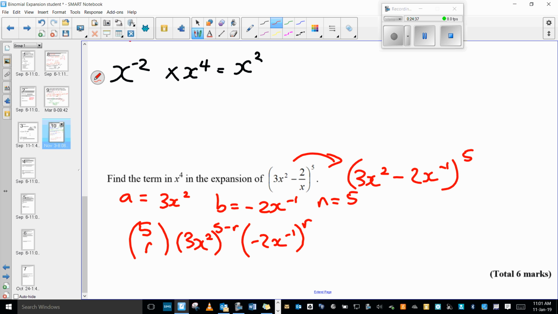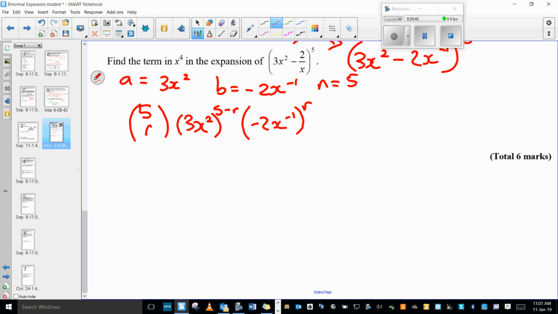This is where we focus on just the powers of x. So for this part, it's going to be x to the power of 10 minus 2r. And then this is going to be x to the minus r. Again, I'm ignoring the numbers just for now, but they'll come into play in a minute.